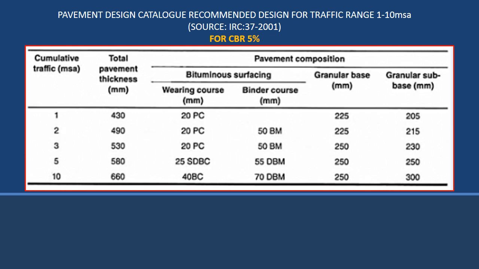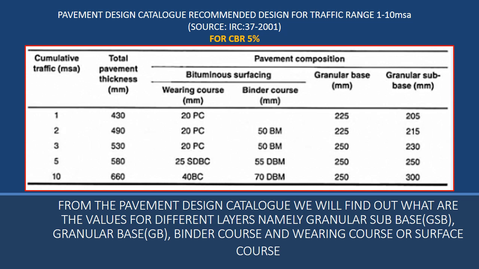From the pavement design catalog, we will find the values for the different layers, namely granular sub base, granular base, binder course, and wearing course or surface course. In the problem, we have already calculated the value for CSA.